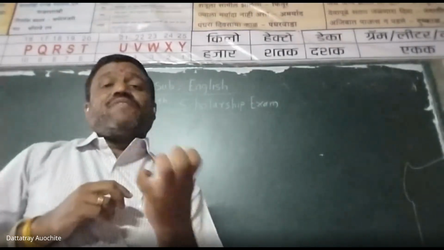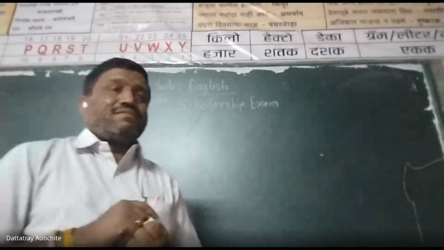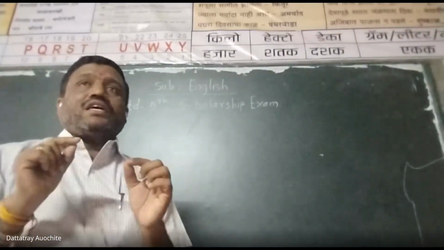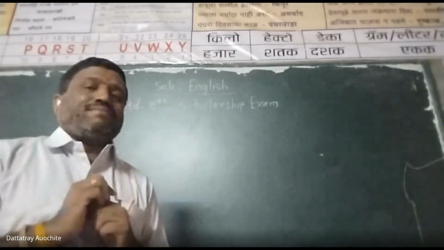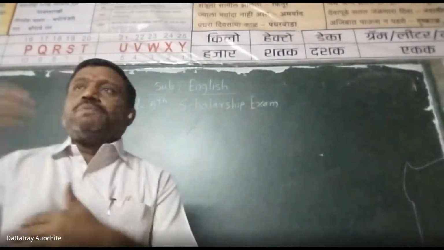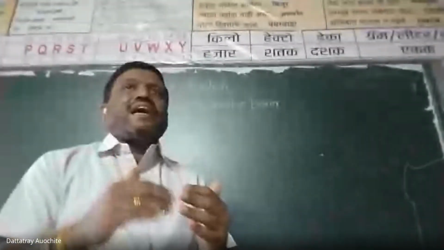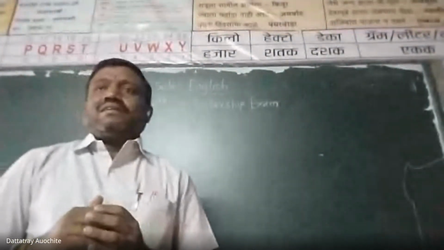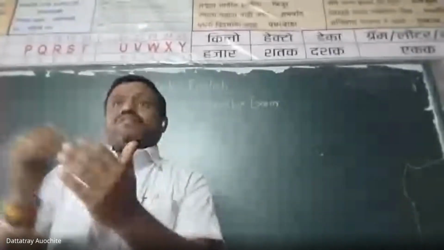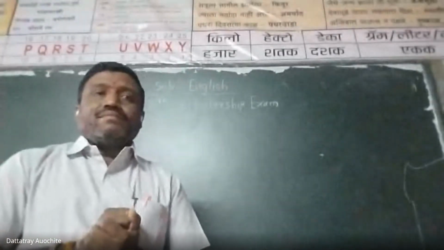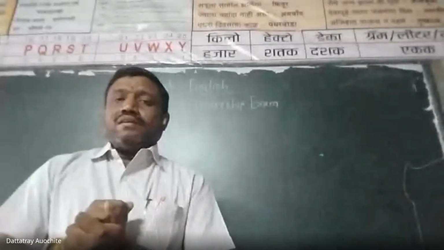To have that effect on the listener, he pronounces the words deliberately while speaking. In speaking, the speaker and the listener are face to face. But while writing, they are not near, they are not face to face.